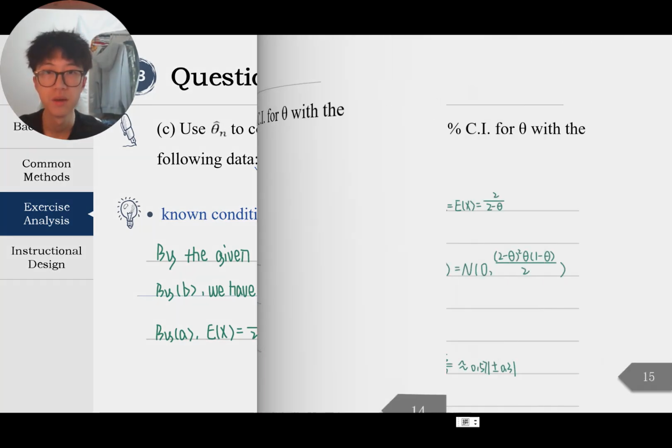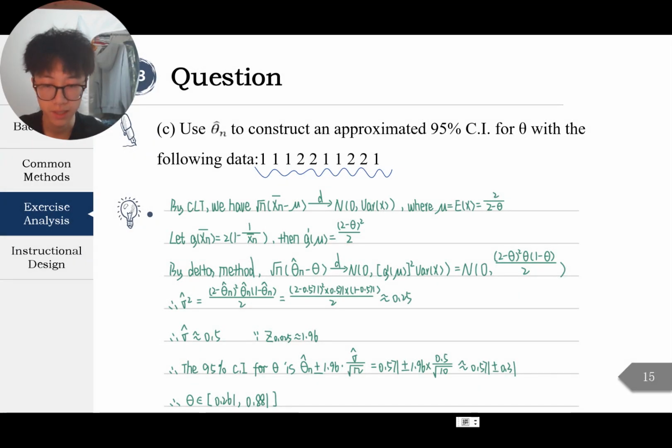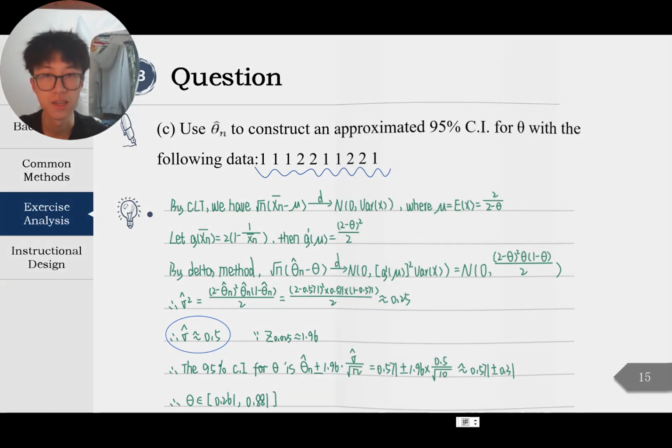Then, by using the central limit theorem and the delta method and constructing a function, we can get that the asymptotic variance is equal to 0.25. And then, by simplification, we can get the confidence interval for theta like that.